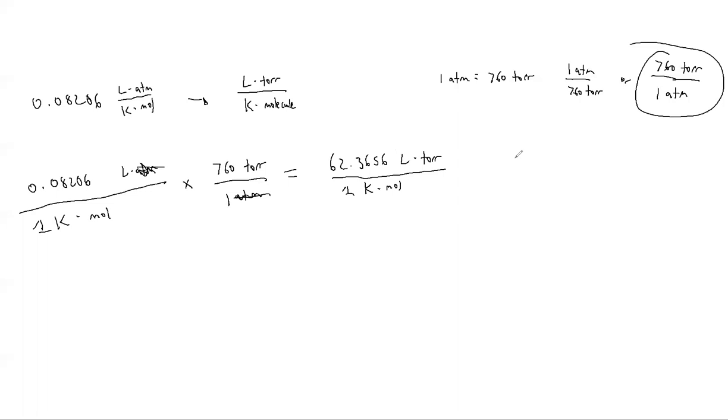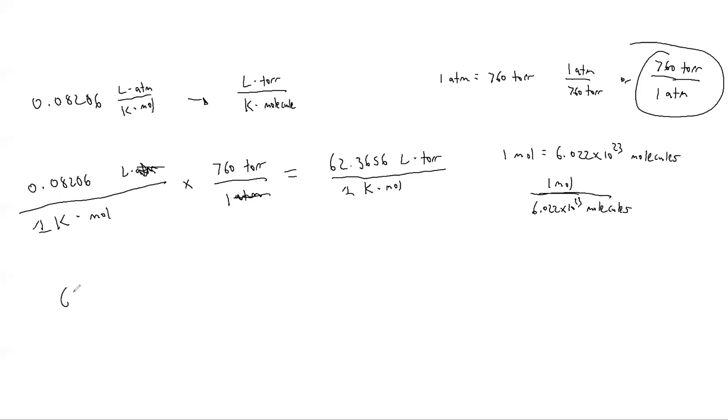So 1 mole is equal to a very large number, 6.022 times 10 to the 23rd molecules. Conversion factor, once again, 1 mole over 6.022 times 10 to the 23rd molecules, or also the other way around, right? Remember, you can just flip these and they'll do the same exact thing.